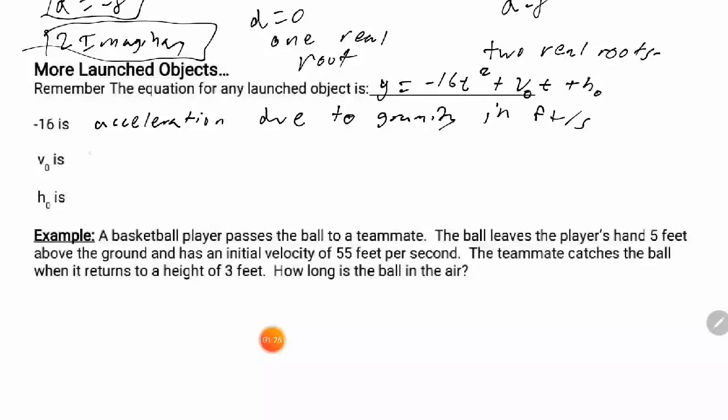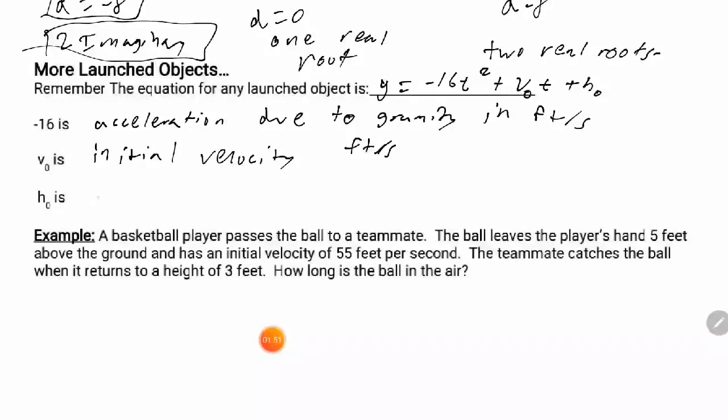Our v naught, or v sub 0, however we want to call it, is our initial velocity. So that's the speed and the direction of which the object is going, usually feet per second, or if you're using meters, meters per second.